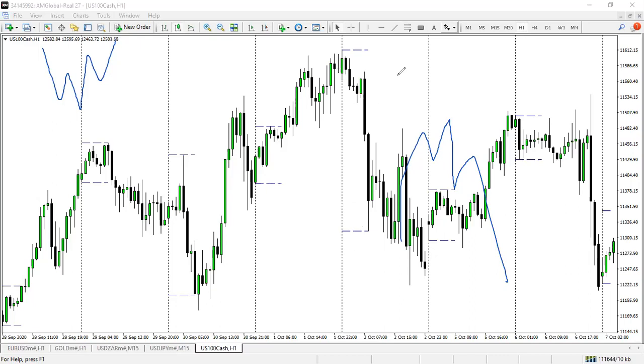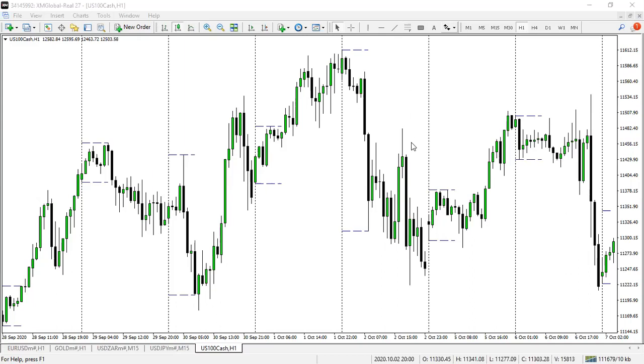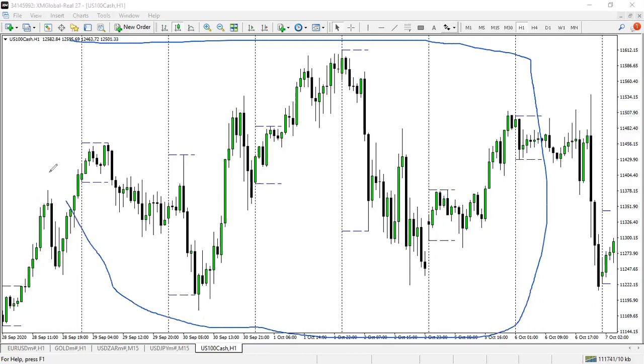It's a clear return to breaker, not return to order block down here or up here. It's a return to breaker. Can you identify them and mark them? They are right here. They are right in here.